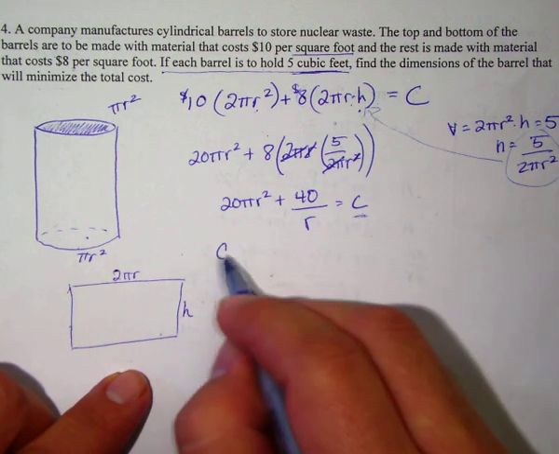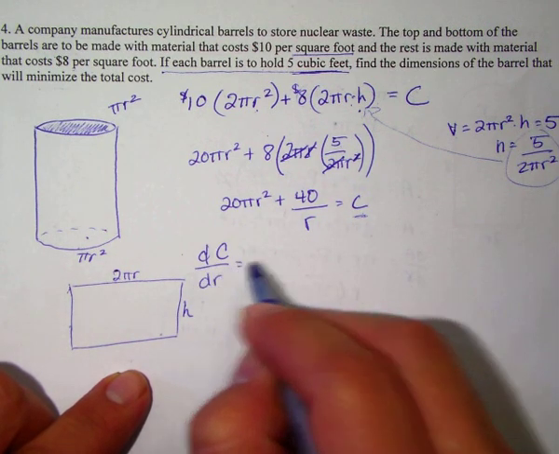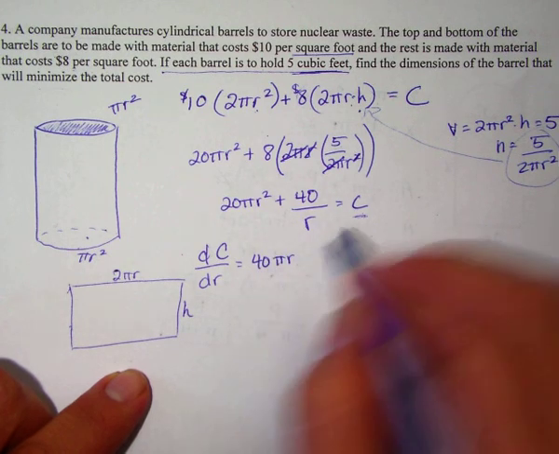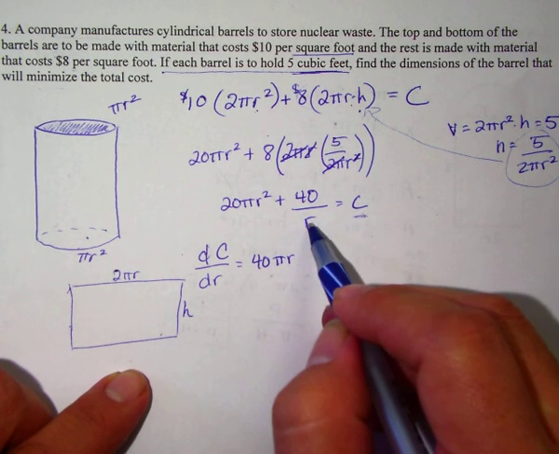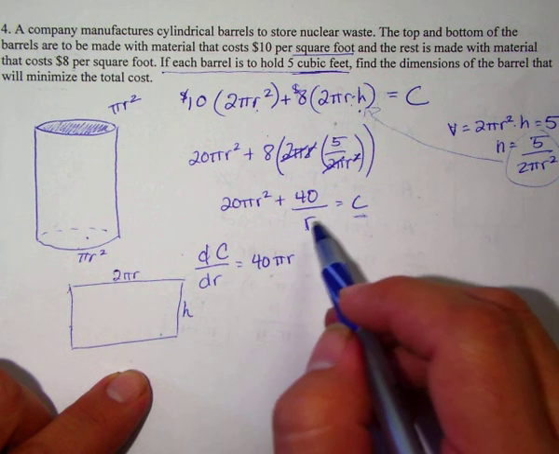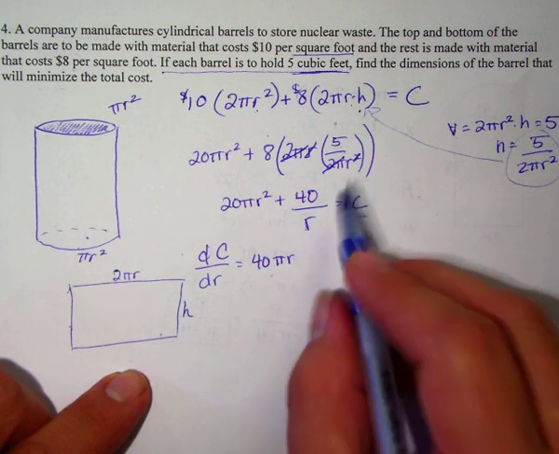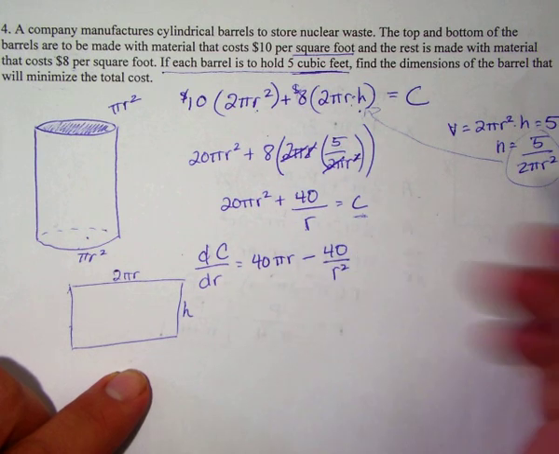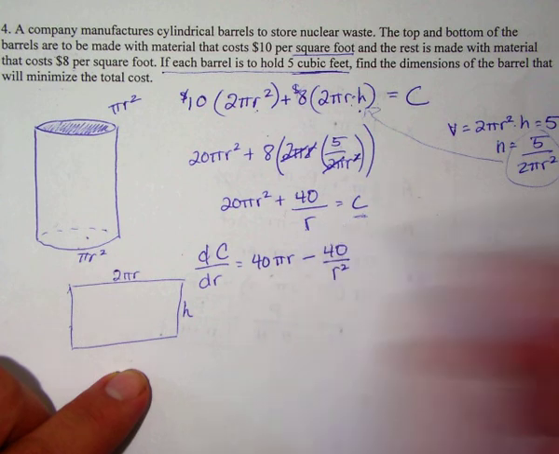So we're going to take the derivative with respect to r in this case. So we're going to get 40 pi r. Now remember that the derivative, when the r is on the bottom, it's going to be r to the negative 1. So we're going to do minus 40 over r squared. This is a common derivative. You guys should kind of know that by now. Just using the power rule.